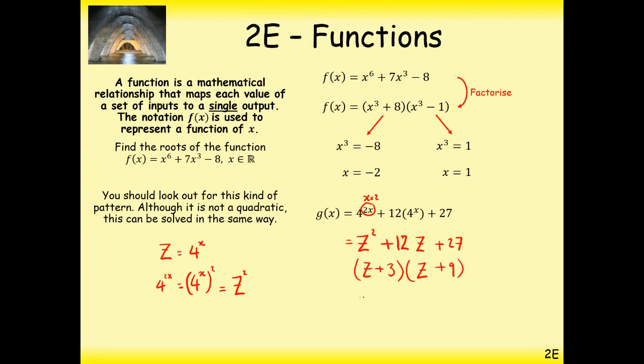So that means that z equals minus 3 and z equals minus 9. Now, I didn't choose good values for this equation when I was making it up, because no values of x actually will give us these answers. So perhaps the question would have been better written with a minus 12.